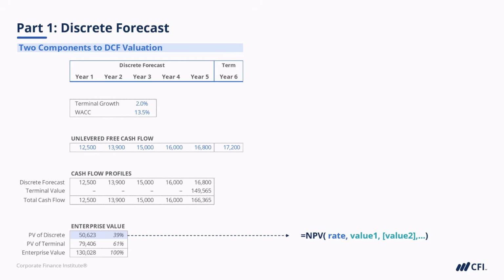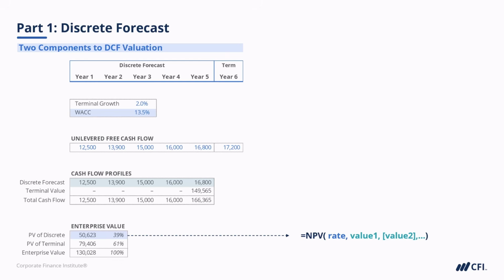Now, the first thing that the NPV function is looking for is the rate, or the discount rate. For that rate, we're using the weighted average cost of capital of 13.5%. The next thing the NPV function asks us for is the values. And for the values, we are using these values shaded in green, which is our discrete forecast.